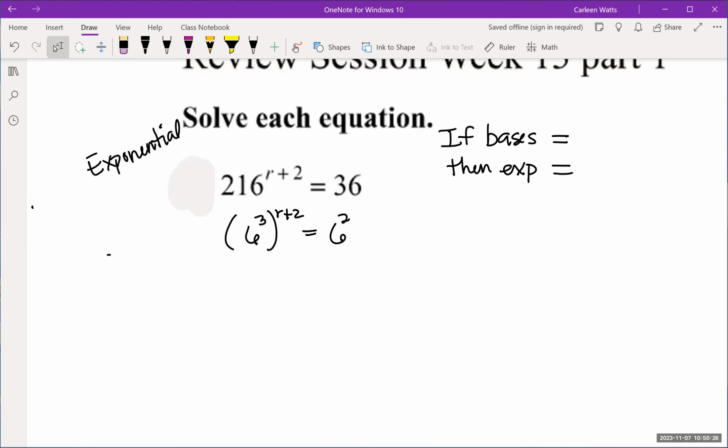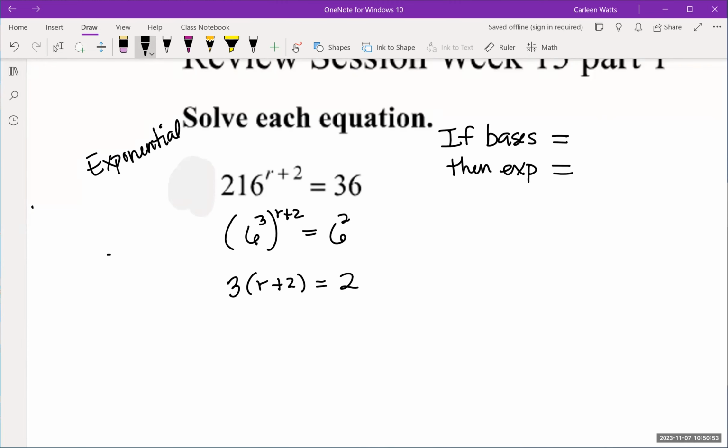Okay, so now, poof, I can make the bases disappear because if the bases are the same, then the exponents are the same. So the bases disappear and I get 3r plus 2 is equal to how much? Not 36.